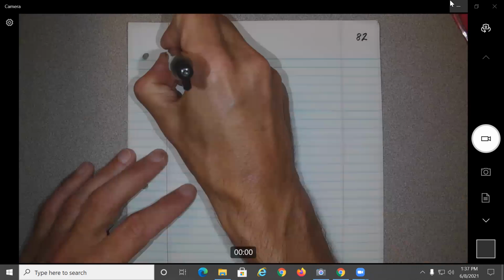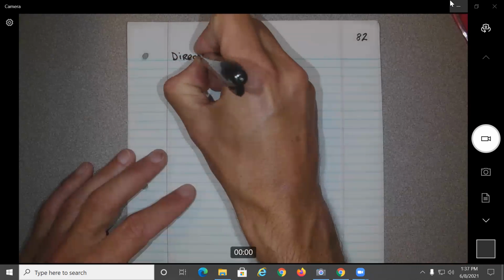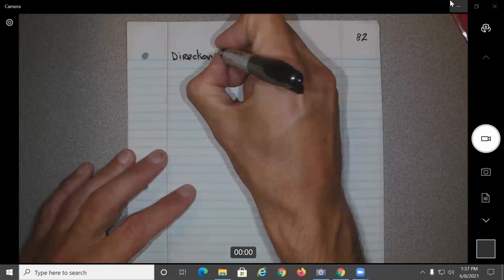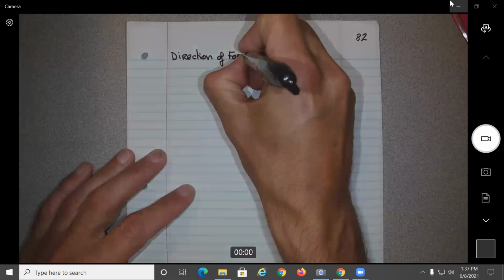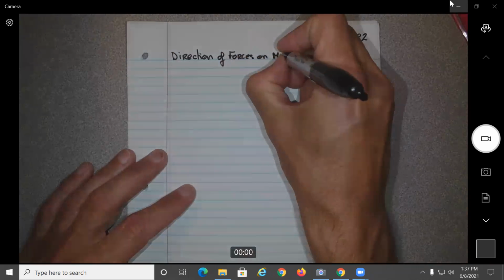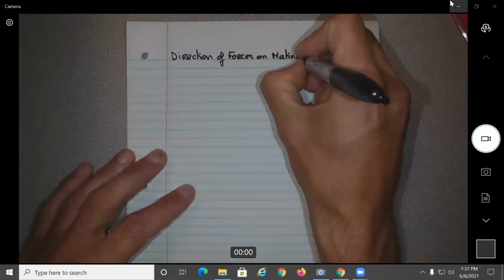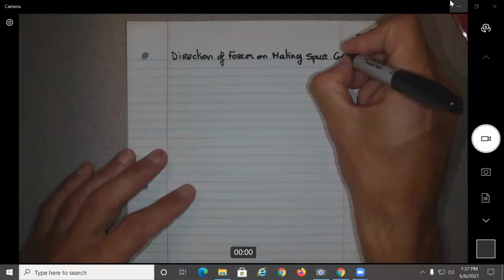Okay, now something you need to be careful about: the direction of forces on mating spur gears, or just gears if you want.